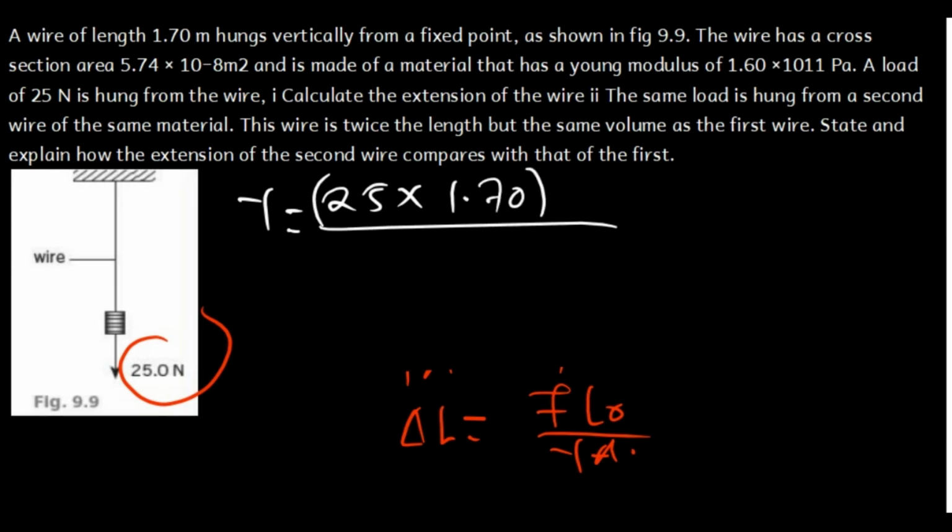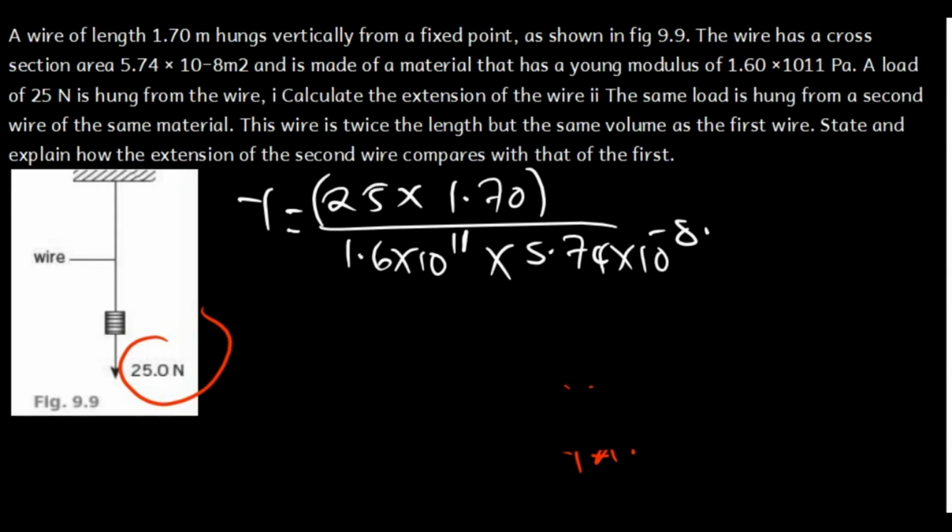Then I divide this by the Young's modulus, which we have been told is 1.6 times 10 raised to the power 11, times the area. The cross-section area, we have been told that it is 5.74 times 10 raised to the power negative 8. Okay, that is what we have.